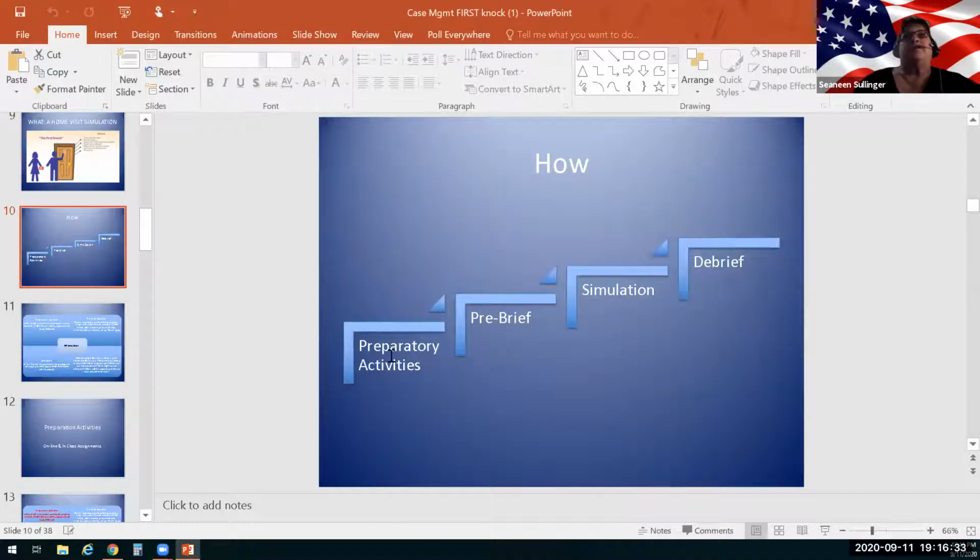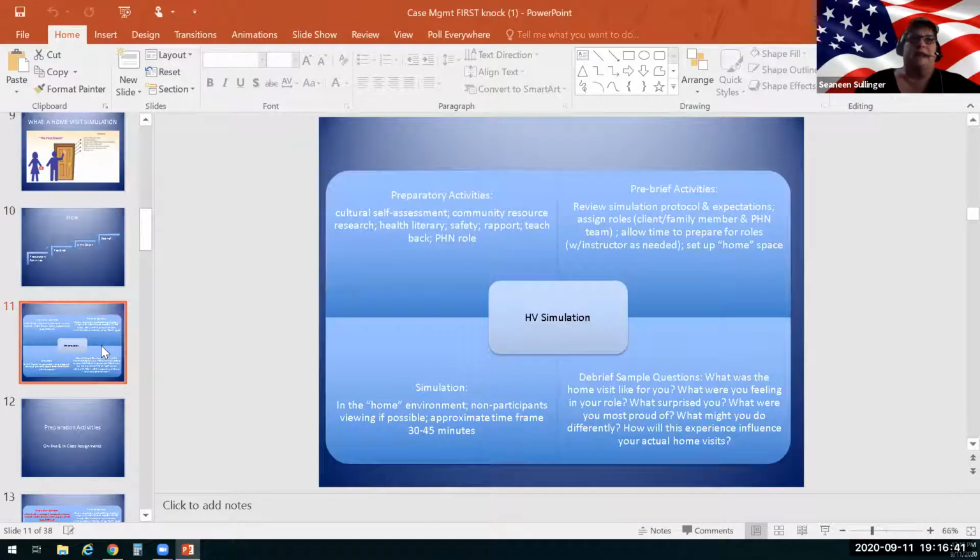So you're going to do your prep and brief. That's what we're doing, like simulation and debrief. That's kind of what we're trying to do today. Not in so many terms, but right now, that's what we're doing, those prep activities, right? The cultural self-assessment, we're talking about safety, we've talked about the communication, that kind of thing.